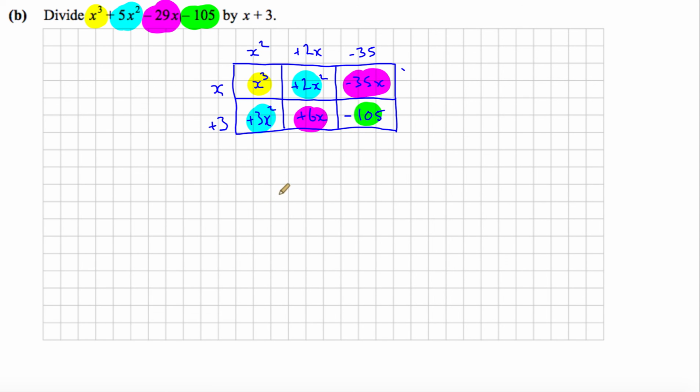So my answer then is this expression up here, x squared plus 2x minus 35. And if you did the question by long division, you should have got that answer as well. Both methods would be acceptable. So that's the end of question 12.